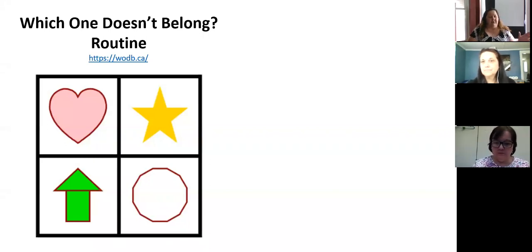You have this picture up and you just ask students to think about it, and they come up and they can put sticky notes around it. But if we look at this, think about which one of these shapes does not belong with the others. I would like for you to share out. I know that we are a larger group, but if somebody would like to unmute themselves and tell me which one doesn't belong and why.